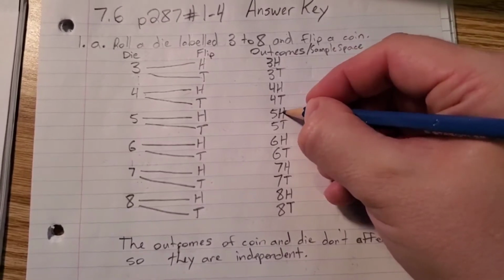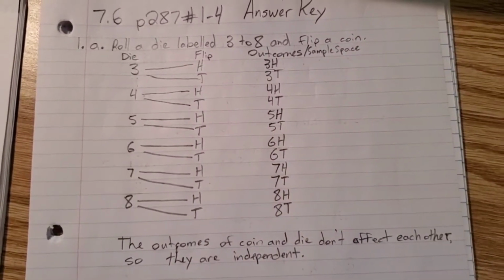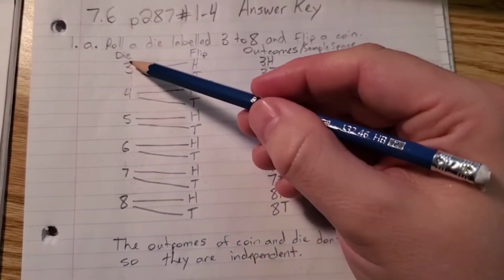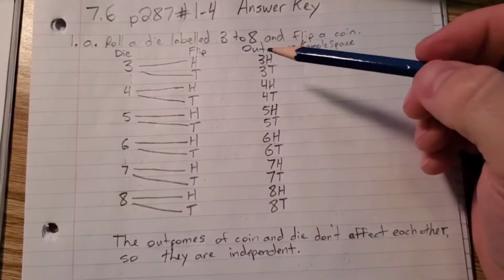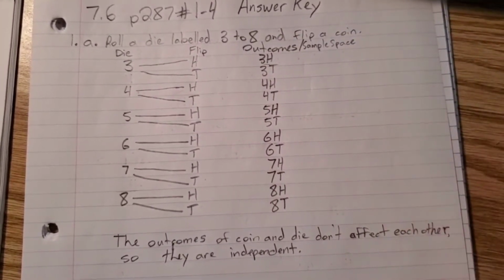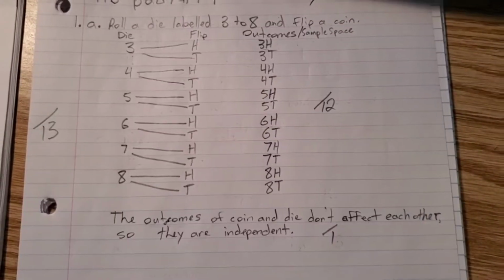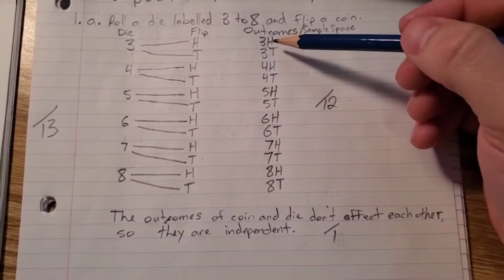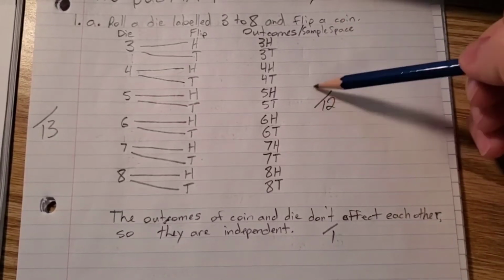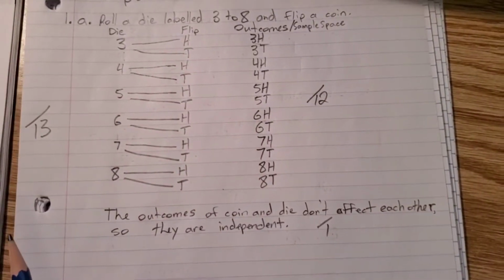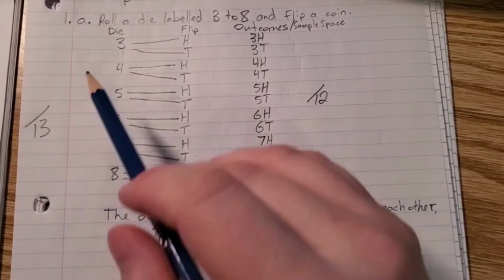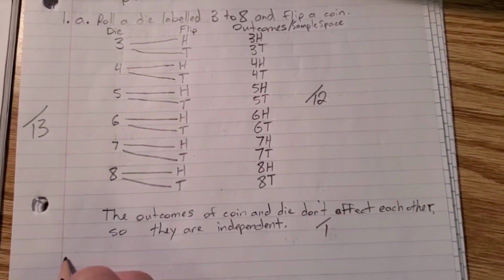Okay, so there is our list. That's our sample space. It's basically each of these numbers written twice, and then H and T written beside all of them. So there are 12 combinations in the sample space, so it's going to be out of 12. And answering the question of why they are independent is 1. So question 1A is out of 13.